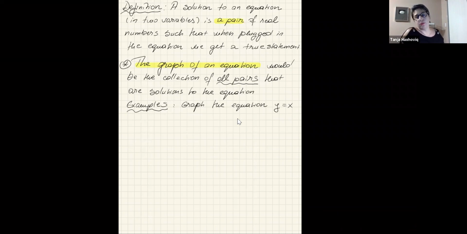The first thing you do is create a table of values. You take some values for x, plug them into the equation, and get the value for y. Then you plot the pair (x, y) in the Cartesian plane and connect them all to get the graph.